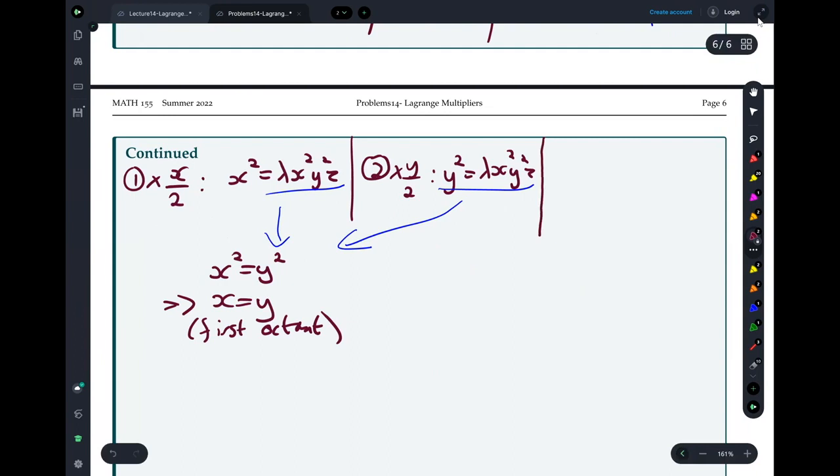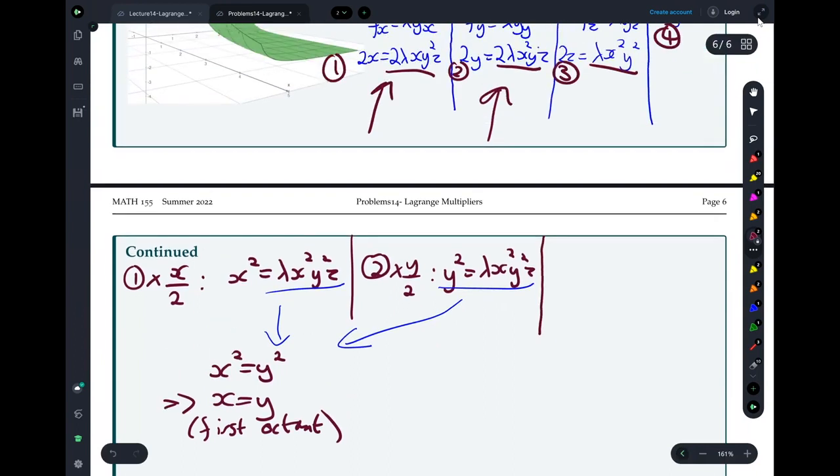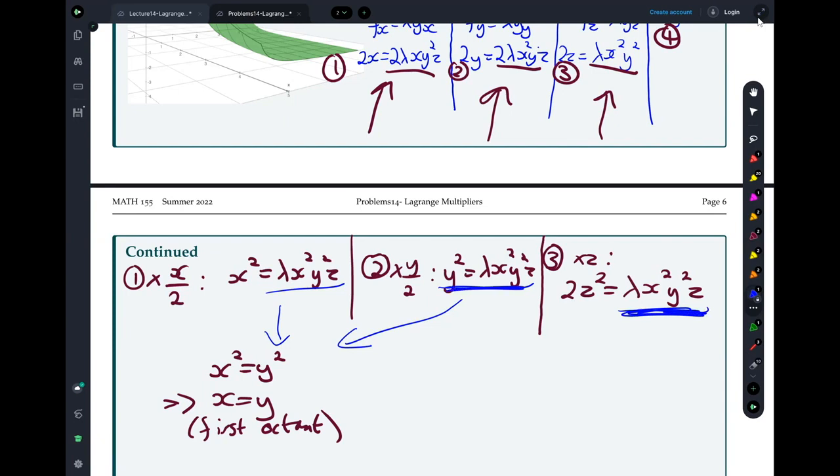So let's look at our z. If we take equation number 3 and we multiply it by z, we're going to get 2z squared is equal to lambda x squared y squared z, which again, if you notice, this right-hand side here is equal to the right-hand side of these equations.